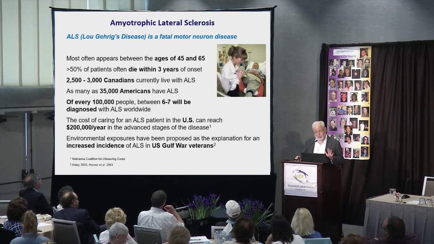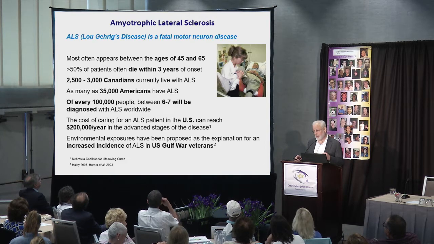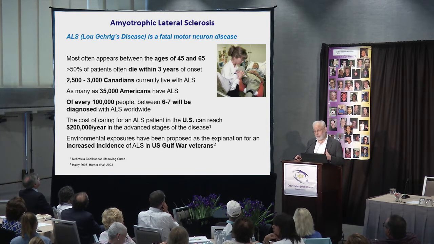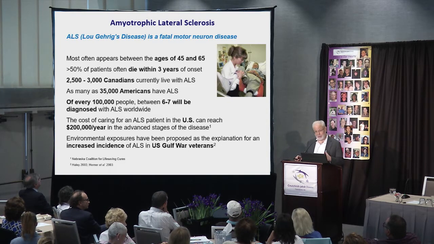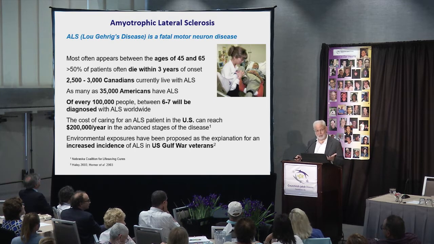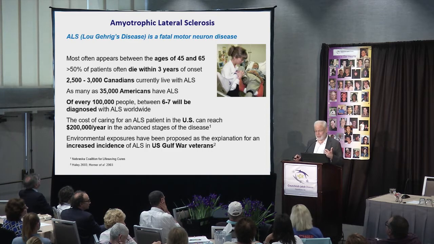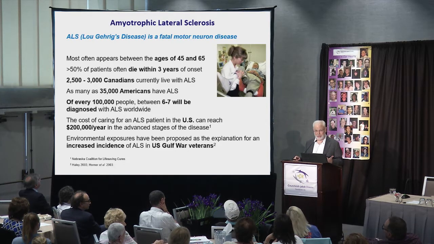So I want to spend a few minutes talking about amyotrophic lateral sclerosis. I've directed ALS clinics for over 30 years now, and this is the disease. It's a progressive paralyzing disease. In case none of you know this, I bet a lot of you do, it's also characterized by intact mentation. So you're watching your own disintegration.